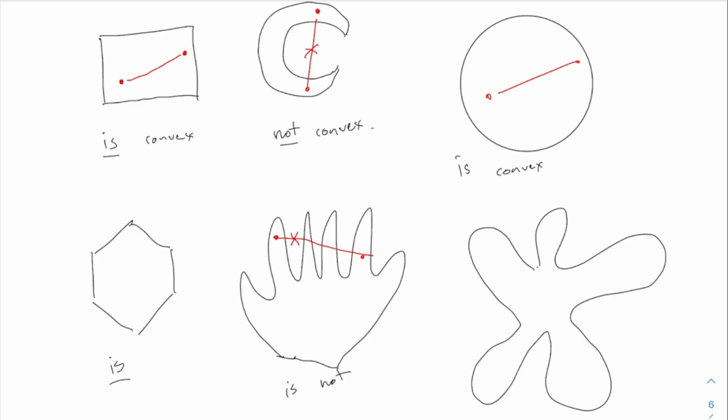This circle has no innie bits, and so it is convex. If you ever have a part which goes inwards, then it's not convex. And similarly over here, it's not convex because of that little innie right there. This is not convex. All right?